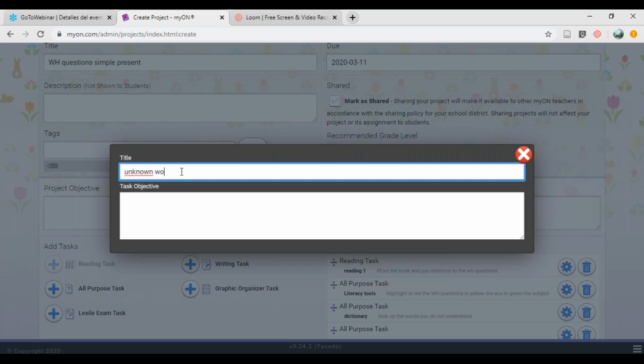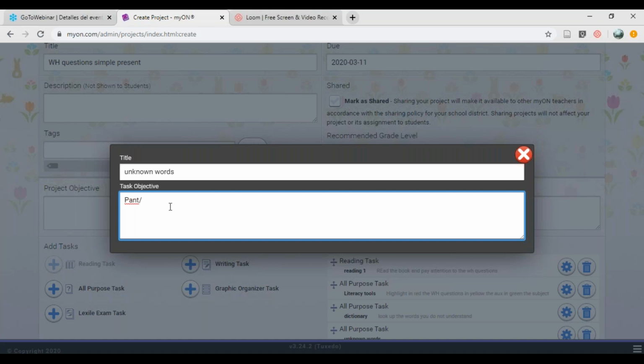I can write unknown words. And I can do my pre-teaching here. Pant. Meaning. A pant, and I can give them a definition, an example, etc.